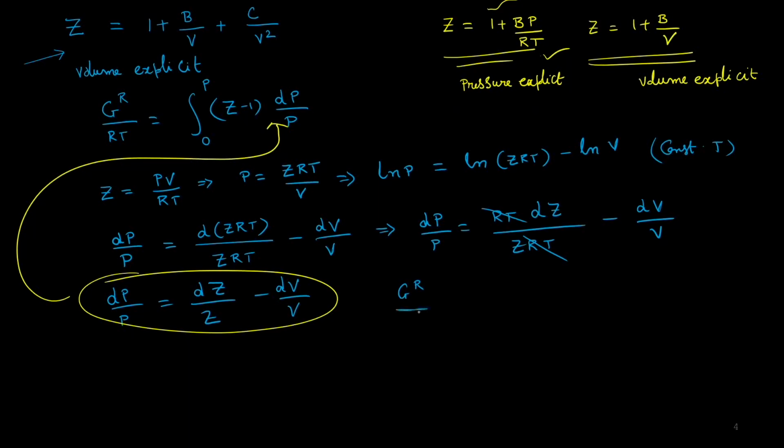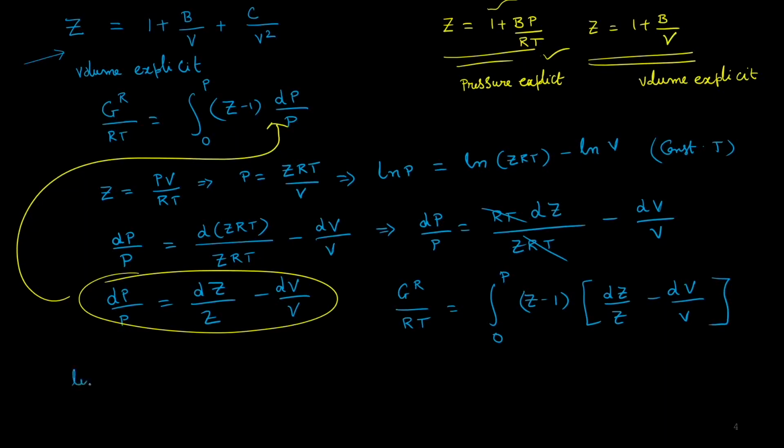Let's see what happens. GR over RT is the integral from 0 to P of Z minus 1 dP over P, and I'm going to replace that with dZ over Z minus dV over V.